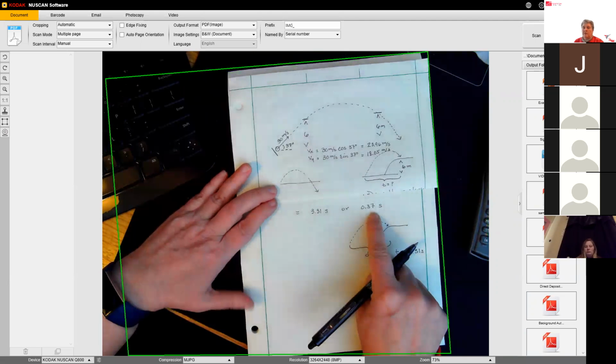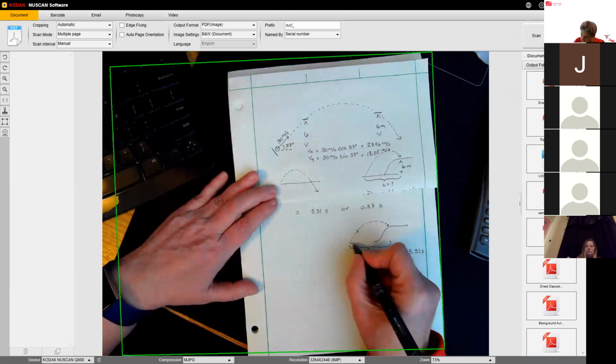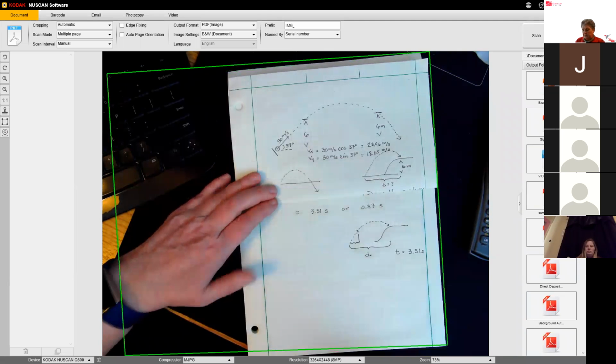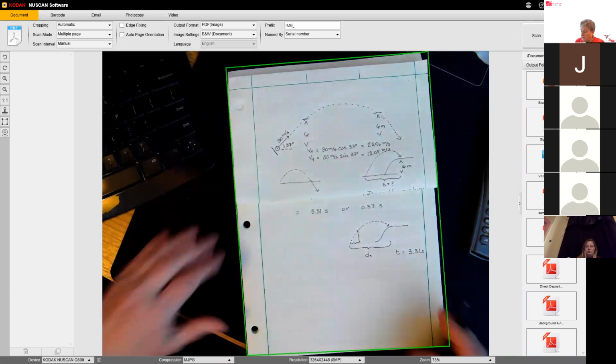If I use the 3.37, I'm going to get the distance that it went from here. I'm not going to get the distance that I'm dealing with downrange.